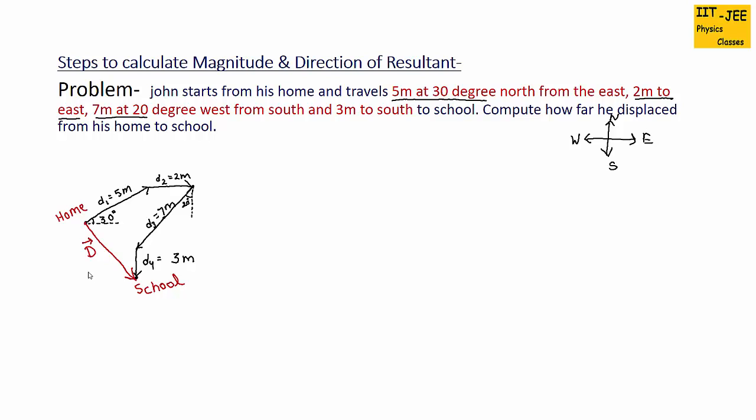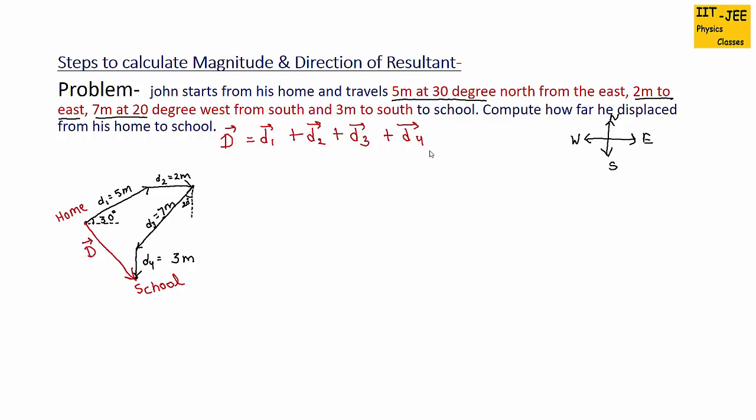So we have to find magnitude and direction of this displacement vector D. So to find this displacement vector D, we need to add all the given vectors D1, D2, D3 and D4. So D equals D1 plus D2 plus D3 plus D4.